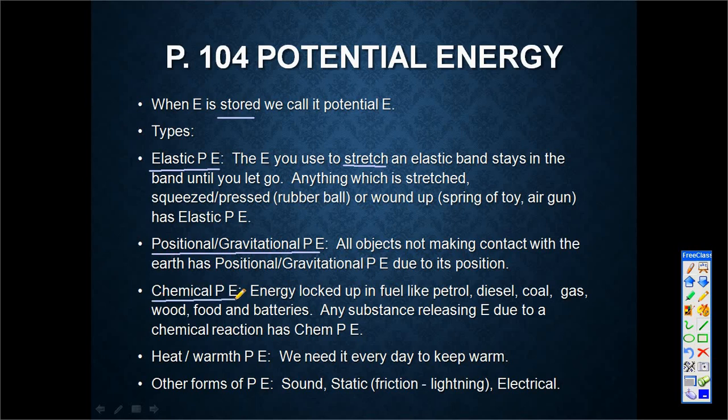Chemical potential energy is locked up in fuels, for example, petrol, diesel, coal, and gas, that by a chemical process can release this kind of energy. So chemical potential energy is found in such fuels that release this energy by a chemical process.